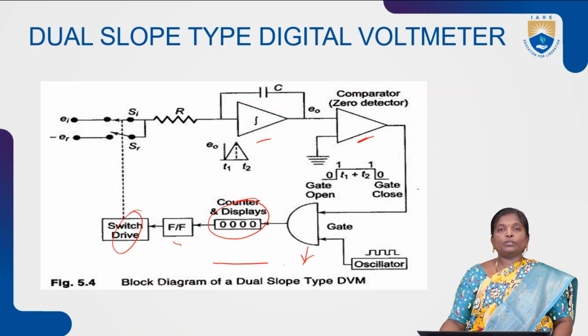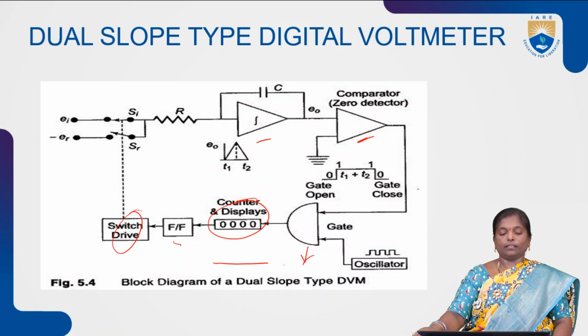The main difference between dual slope and normal integrating type is that in the normal type, we apply only a constant positive input voltage, but in dual slope, both positive and negative input voltages are applied to the integrator.